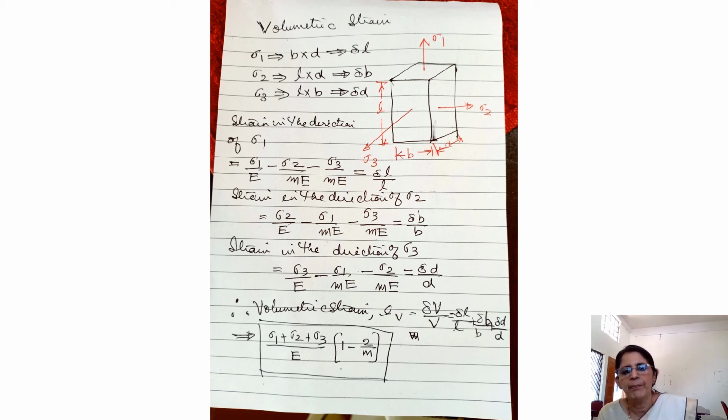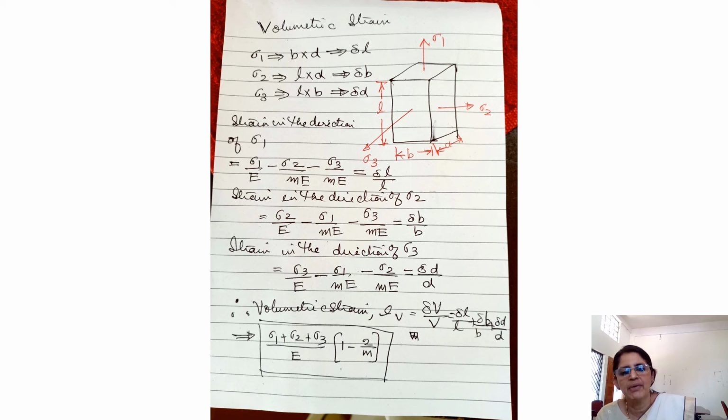Summing up all these 3 values, you can see here this is sigma 1 by E, this is sigma 2 by E, sigma 3 by E. All these are coming once. Here minus sigma 2 by ME, and minus sigma 2 by ME, 2 times coming. Here sigma 1 by ME, again 2 times, and here sigma 3 by ME and sigma 3 by ME.